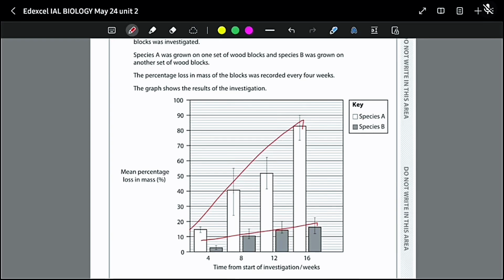Another point is which one is increasing more and which one is increasing less, like the rate of increase is more and the rate of increase is less. So we have to identify that too. And the third point is the overlapping of error bars, okay? If they overlap, then there is no significant difference. If they do not overlap, there is a significant difference between the two values we are given.